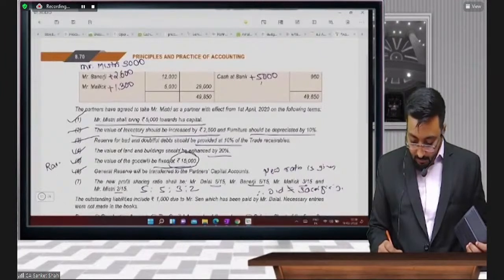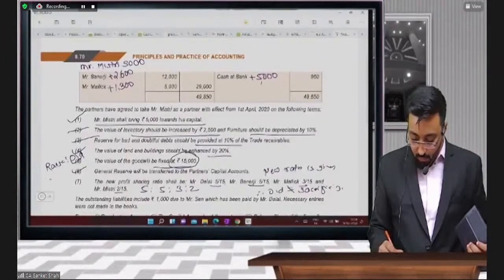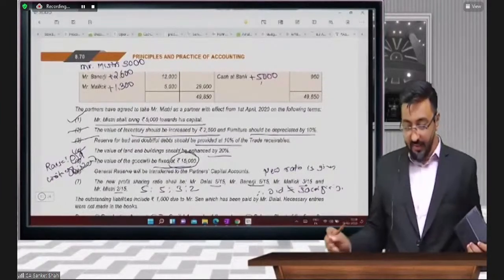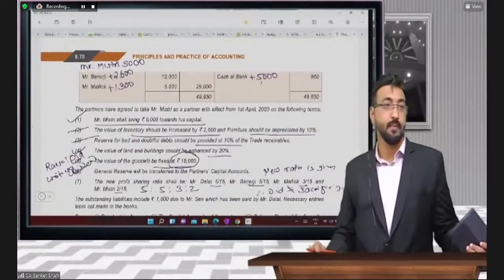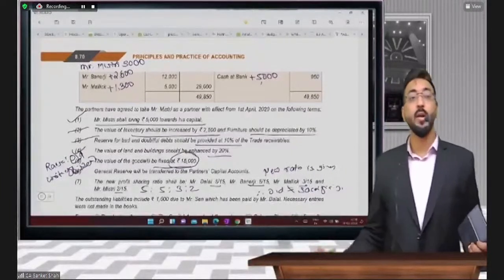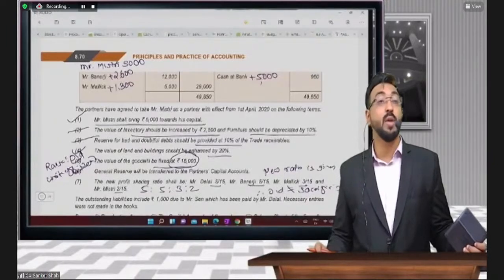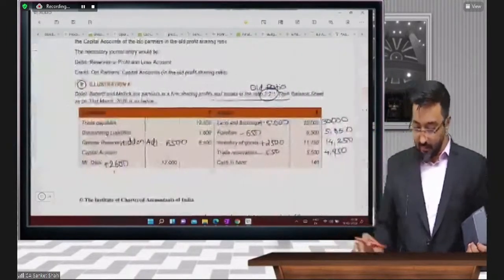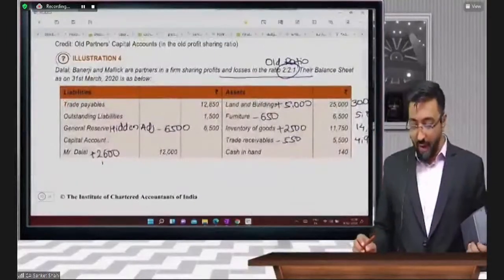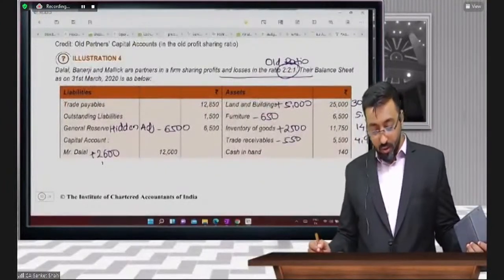Raise at the old ratio and write off at the new ratio. It is easy. Raise plus write off. So tell me what is the amount that you are going to add and what is the amount that you are going to less.